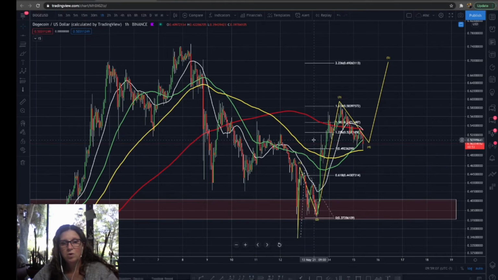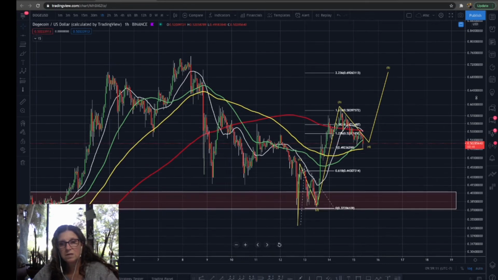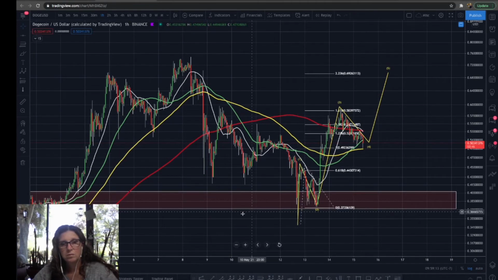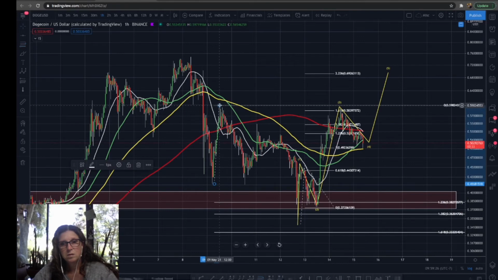There is one more other scenario that I just saw. And I guess I'll go ahead and put it out there because I just saw it. We have a possibility because this move at the bottom here hit that expanded B pocket.